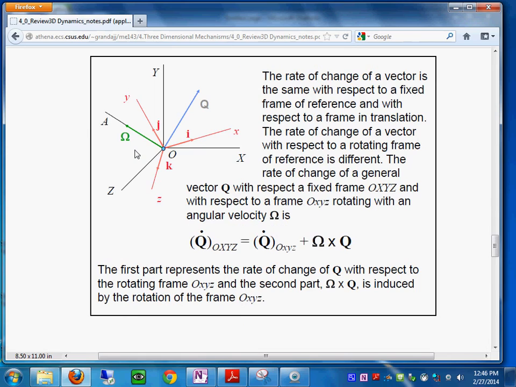Okay, here we can also have a rotating frame and express it in terms of unit vectors that indicate the directions of little x, little y, and little z.